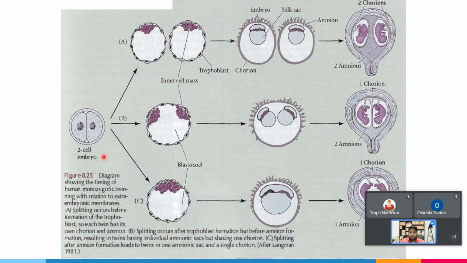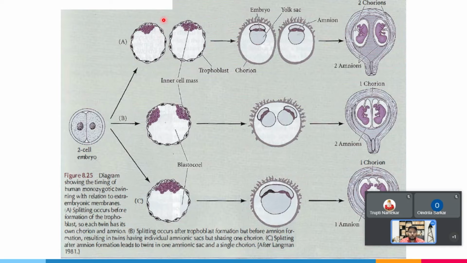The various things that can occur is that first, the zygote in the first division divides into two, and since the zygote is still totipotent, each will give rise to both the trophoblast layer and the ICM. So if the embryo divides into two at the two cell stage, we have two entirely separate trophoblast and ICM layers.